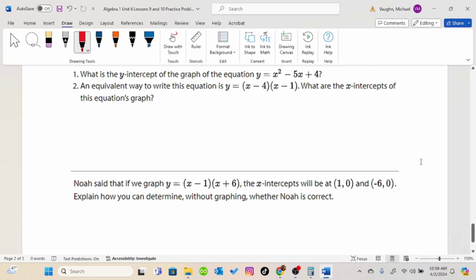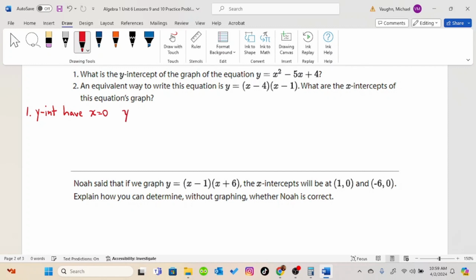What is the y-intercept of the graph of the equation y equals x squared minus 5x plus 4? So remember, y-intercepts have x equals 0.